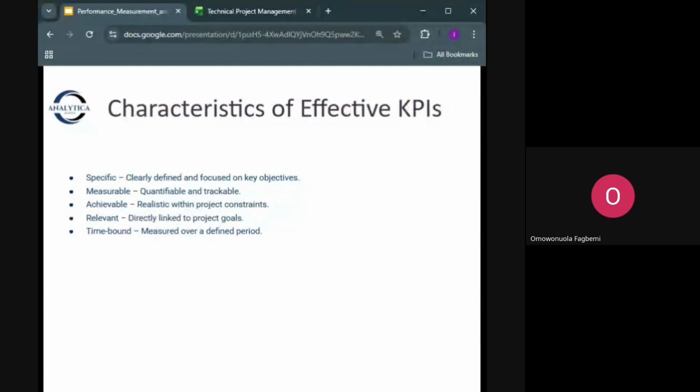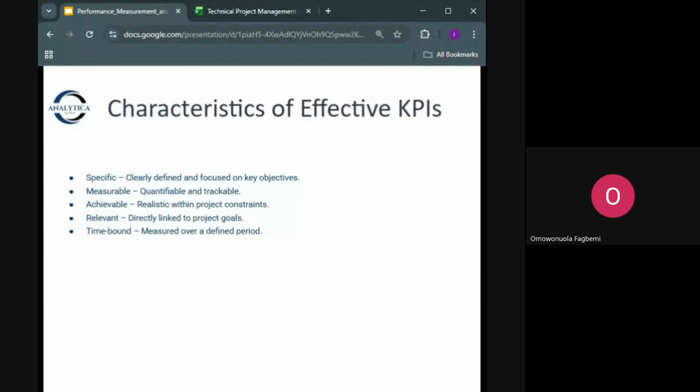Number four, relevant. It must relate directly to project goals. So measuring the number of emails sent isn't useful. You must always let it relate directly to the project goal.